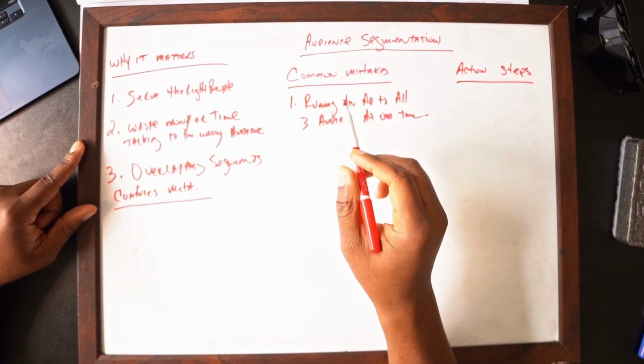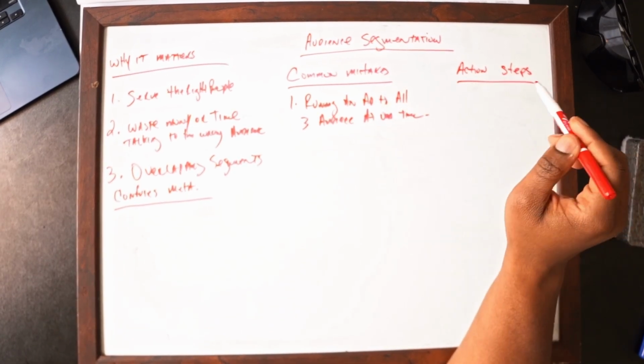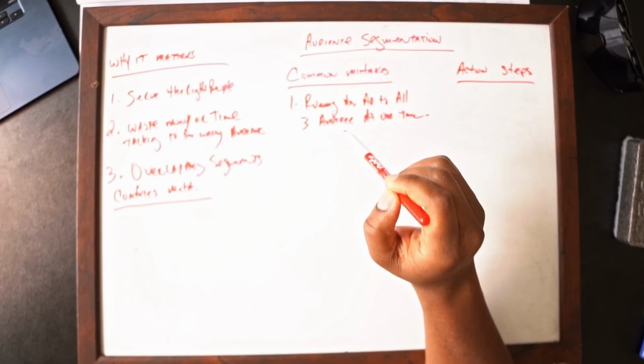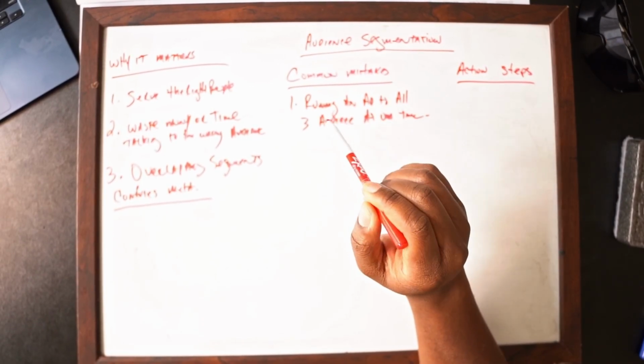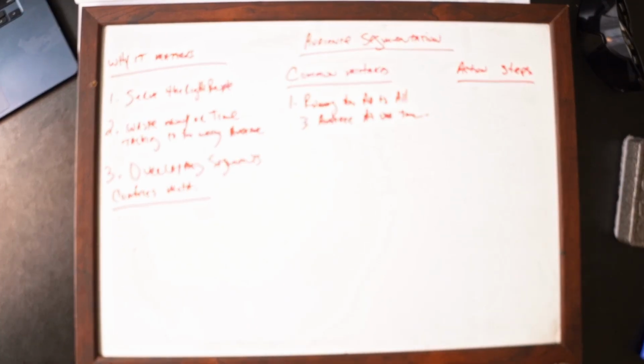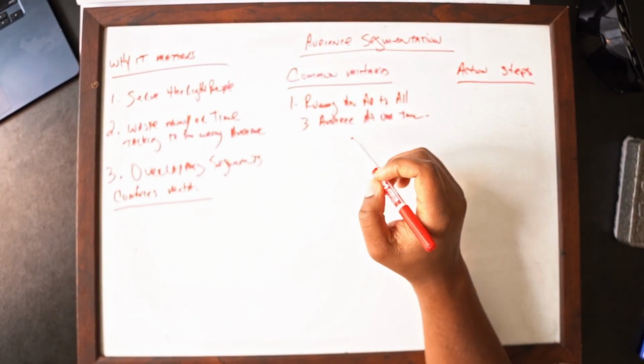Okay, that's a huge mistake. Okay, you want to make sure that you're not doing this, but we'll get into the gold in a bit, right? That's a huge mistake. You guys are running one ad, you're setting it and forgetting it, and you're running it to all 3 audiences at one time. You're running the ad to the cold audience, the middle of the funnel warm audience, and the bottom of the funnel all at one time.